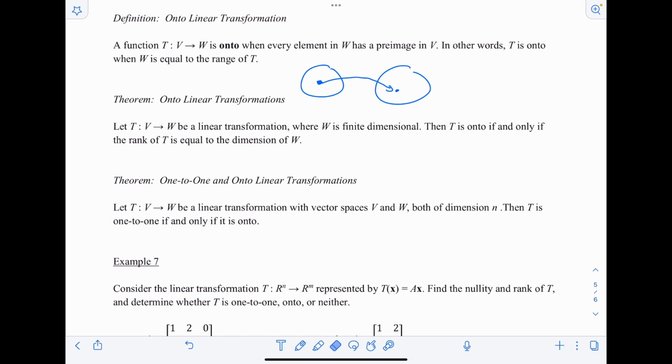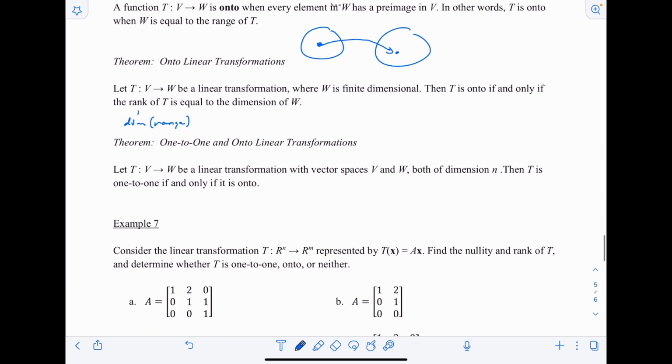Remember, rank of T is the dimension of the range. So in this case, it's basically saying that the dimension of the range is the same as the dimension of the entire vector space W. All right.